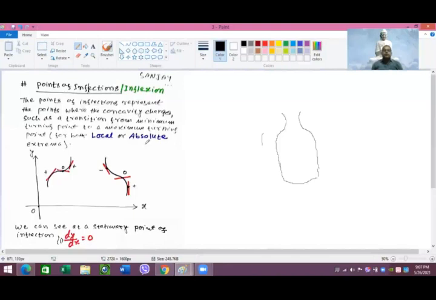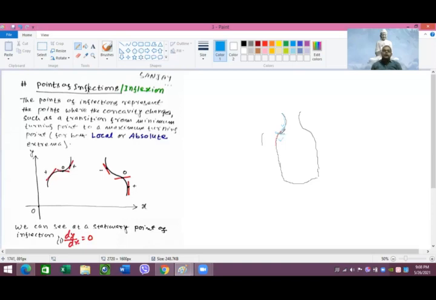First of all, let's consider a water bottle like this. You can see that this is one part of the curve, the water bottle, and this is another part of the curve. You can see that it changes from concave down to concave up over here without attaining any maximum or minimum point, that is, a local maximum or local minimum point.